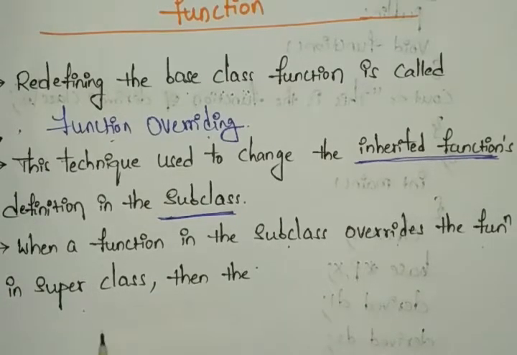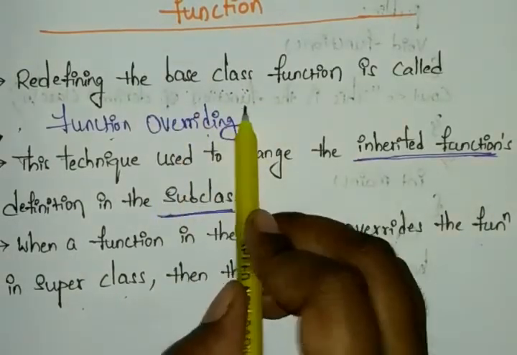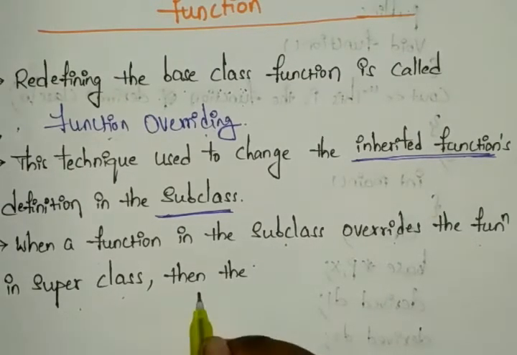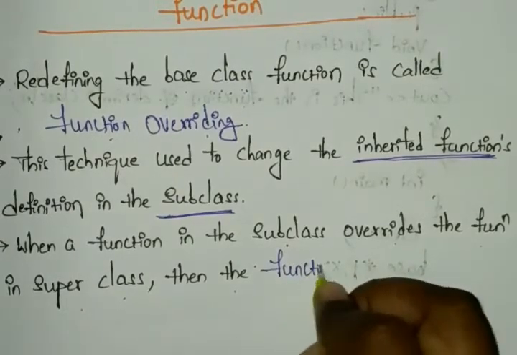We are calling it the superclass, meaning the base class, that is overridden by our subclasses, the derived classes. Then it will have the same function name. How will it be overriding?